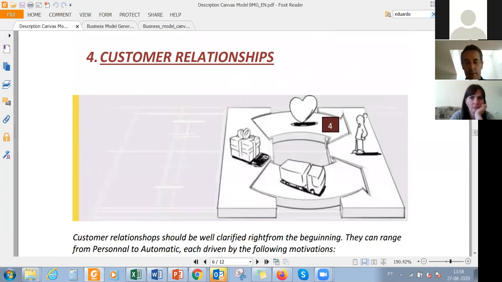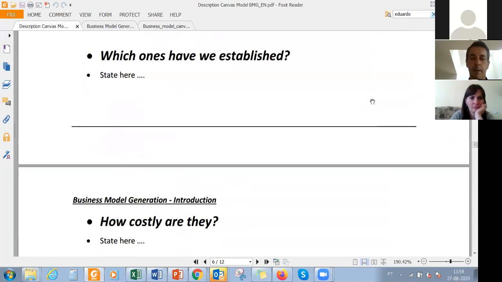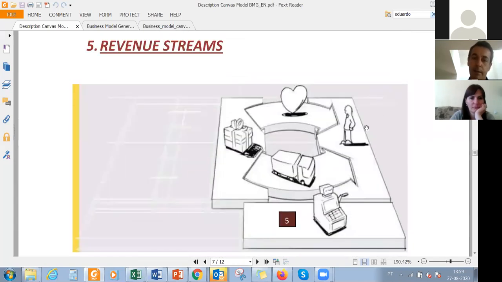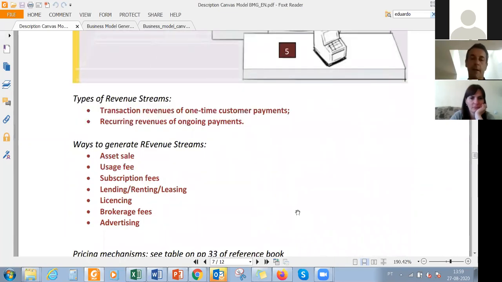There are applications that help us to organize customer relationships, called CRM, Customer Relationship Management. So we can go deeper on what customer relationship is. And this should offer us a revenue stream that we could try to calculate roughly.